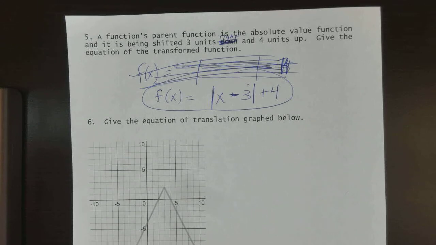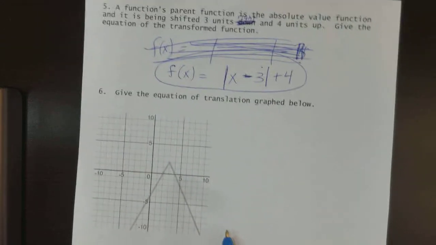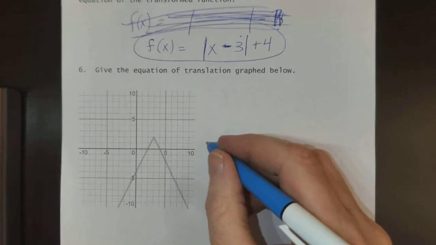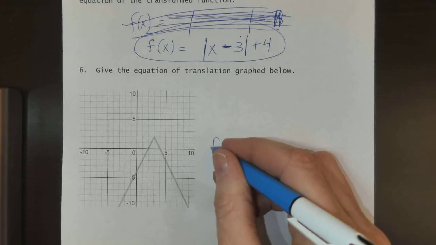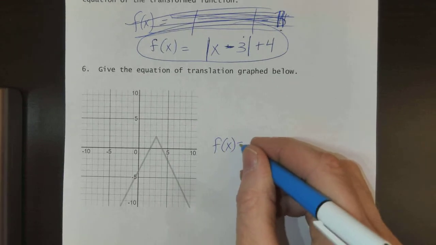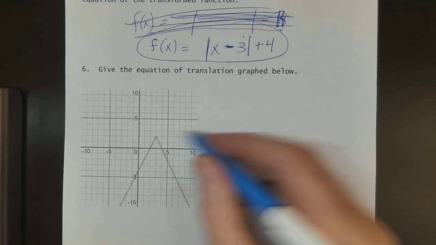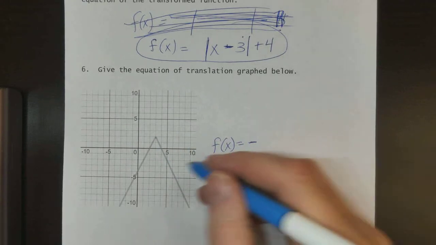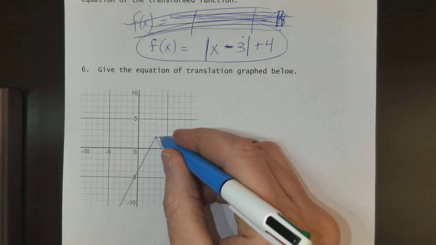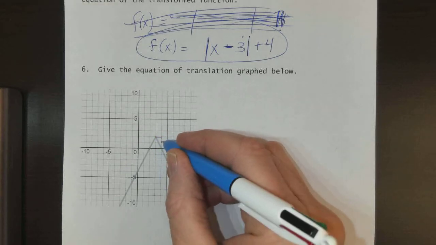Okay. Number 6, we're going to give the equation of this. It is an absolute value, and it requires a flip, a negative. And you know, usually the absolute value, you go 1, 1.